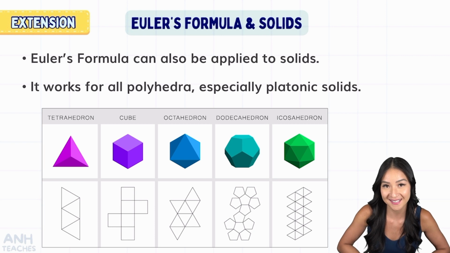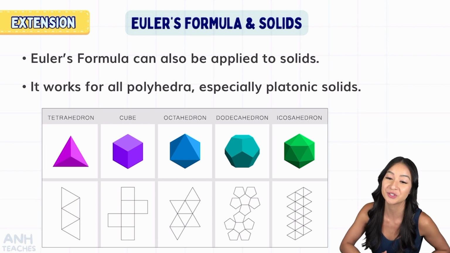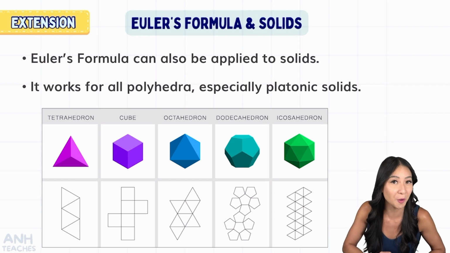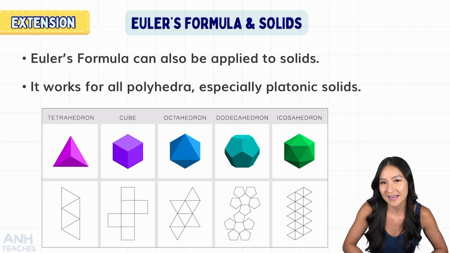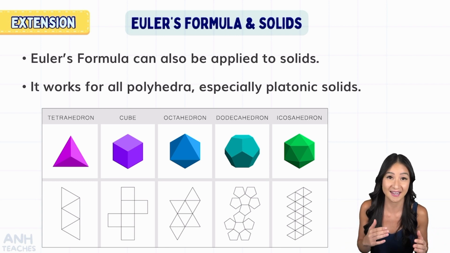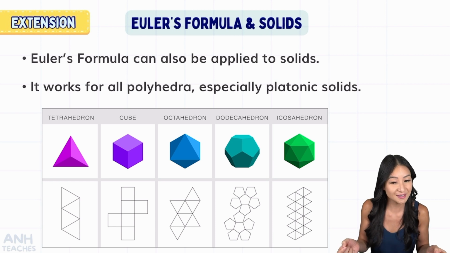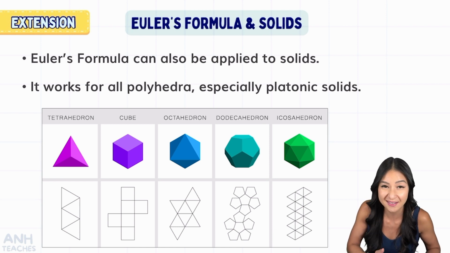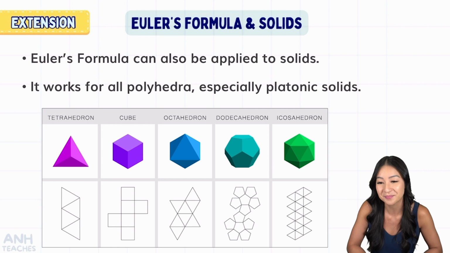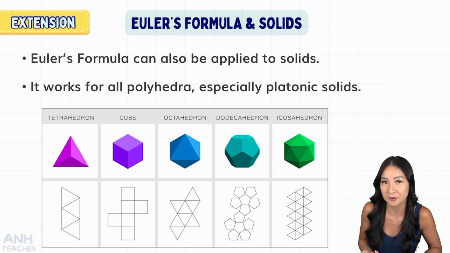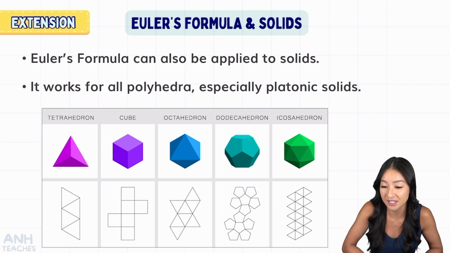Now, before we finish the lesson, I do want to point your attention to where else Euler's formula can be applied. And it actually works for all polyhedra. Now, a polyhedron is just a 3D solid that contains flat polygonal faces, straight edges, and vertices. Notice the similarity in the language used there? It's not a coincidence. So looking at this graphic here, you can start to tell why Euler's formula works for these polyhedra.